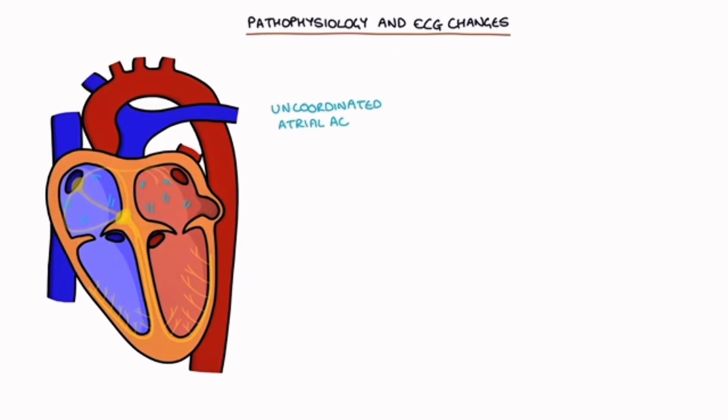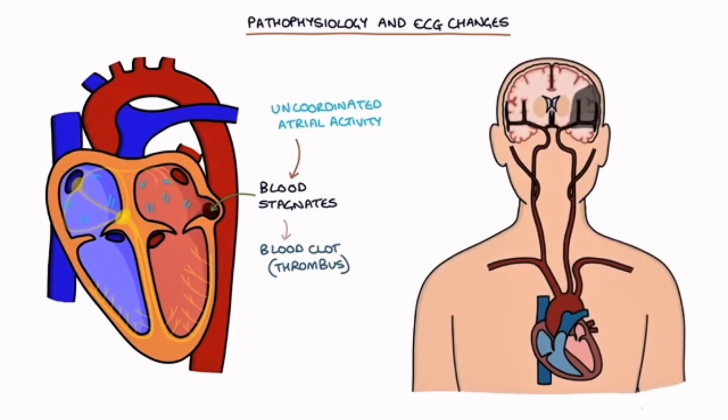Uncoordinated atrial activity means the blood can stagnate in the atria, forming a blood clot or thrombus. A thrombus formed in the left atrium may travel to the brain and block a cerebral artery, causing an ischemic stroke. The risk of stroke is about 5 times higher in patients with atrial fibrillation, depending on individual factors.